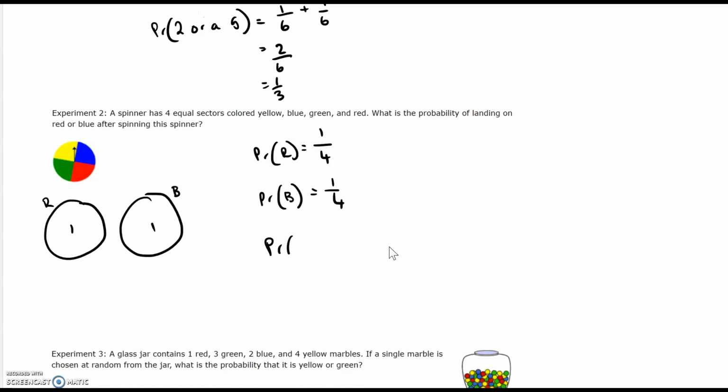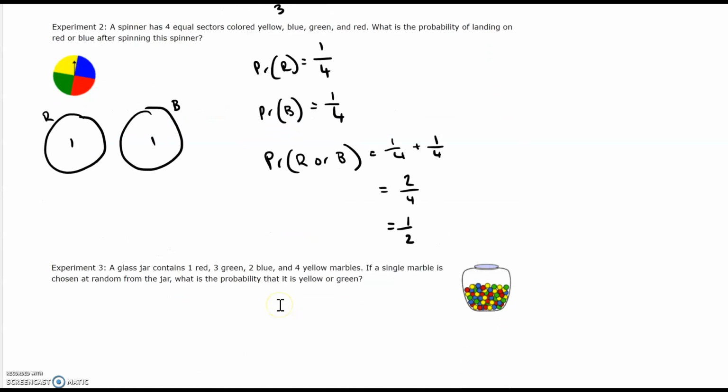Therefore, our probability of red or blue is 1 out of 4 plus 1 out of 4 equals 2 out of 4, which is the same as 1/2. Sorry, I wrote down 4 too many times.